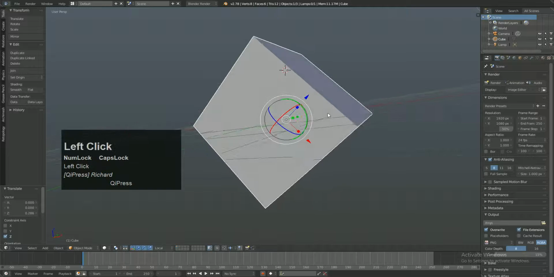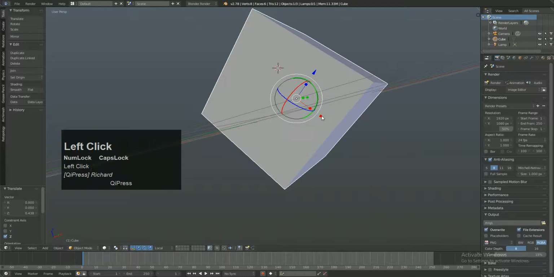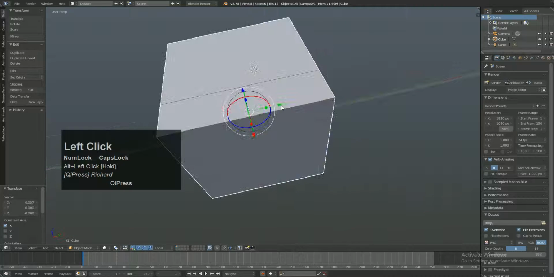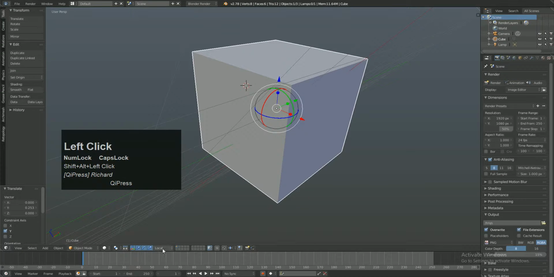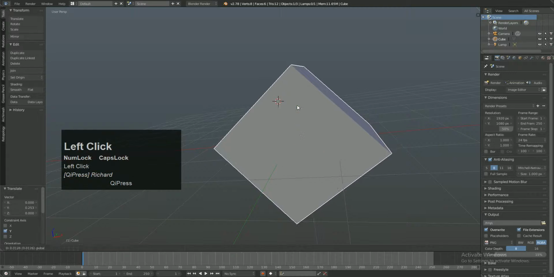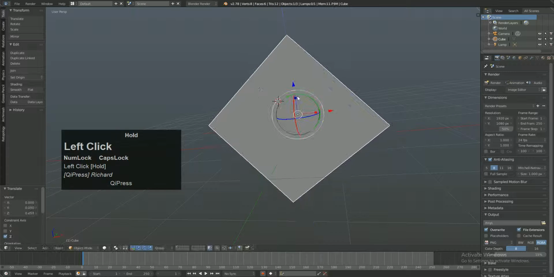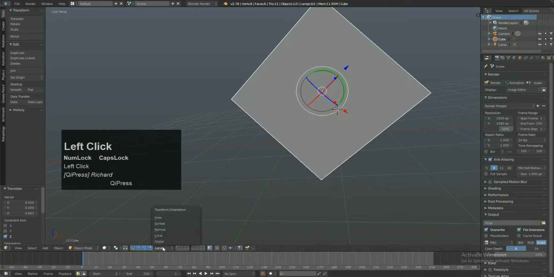Local means, like for this guy, to him this is still up and down, and this is still in and out, or side to side. Okay, so that's what that is. If it's set to global, that means the world is still going up, but he's going sideways. And so we're moving him up and down and side to side, but he's still thinking that he's locally going this way. Okay, so that's why it's called local.